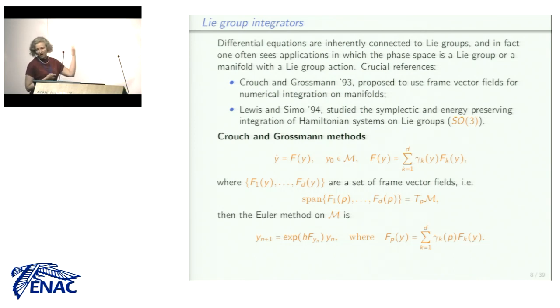So how do I generalize this idea to get higher order methods? Well, what one needs to do is to consider more complicated compositions of exponentials. So you're going to compute intermediate approximations of your ODE, which you call capital Y1, up to capital Ys, the so-called stages of your method.